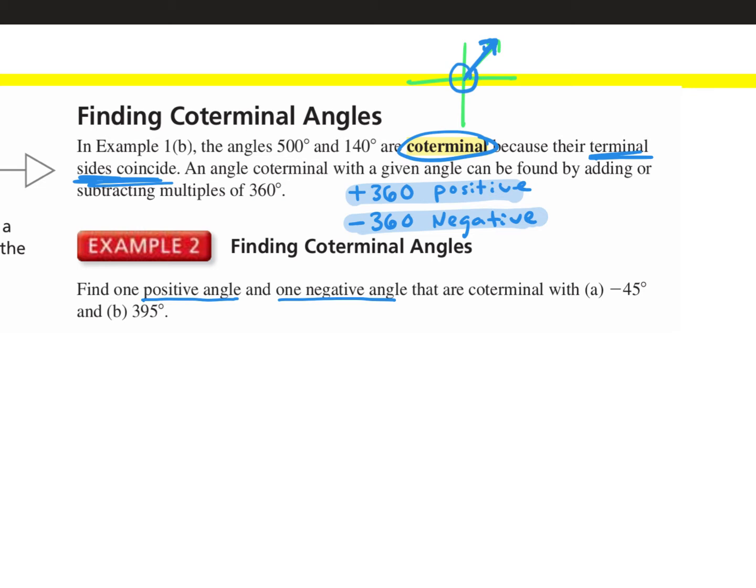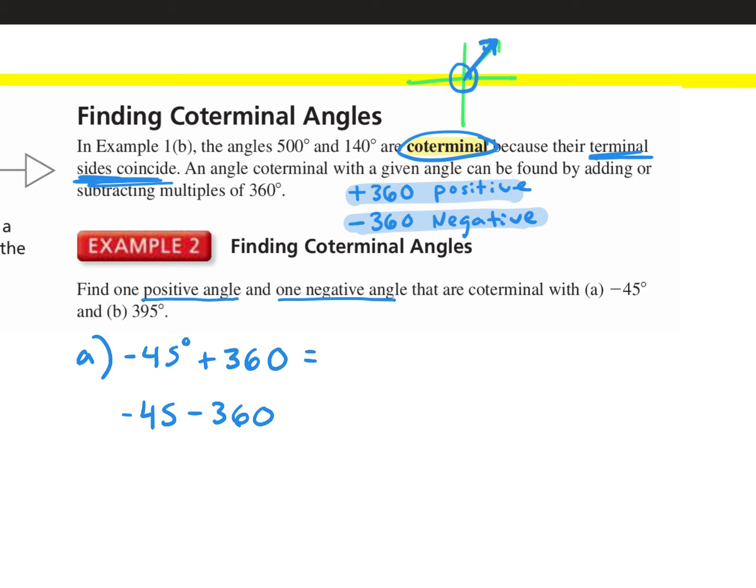So let's look at A. We have negative 45 degrees. So to find our positive coterminal angle, we add 360. To find our negative coterminal angle, we would take negative 45 degrees and subtract 360. So what's negative 45 plus 360 degrees?